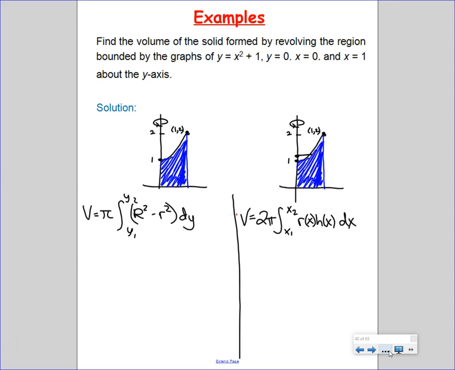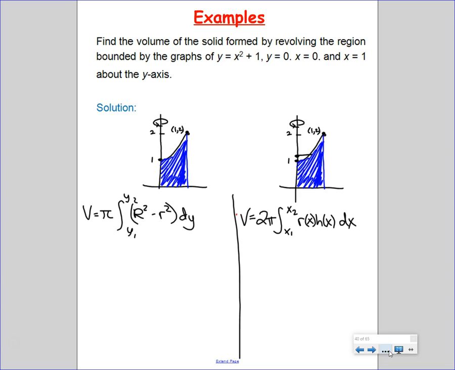Alright, kiddos. Here we go, examples. We have the exact same volume being found two different ways. My question to you is, which one is washers and which one is discs? So, first one is washers. Oh, not discs.